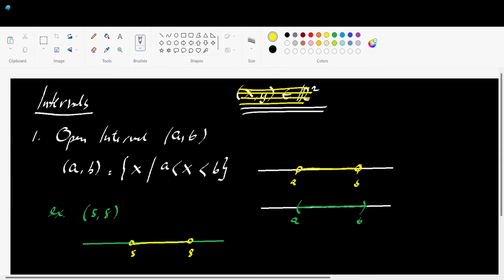Or you can use a pair of parentheses. And that is equivalent to the continued inequality x between 5 and 8. So this continued inequality, or this set, can be written in interval form using a pair of parentheses (5, 8). These two are identical. They both refer to the same set of numbers, numbers between 5 and 8 exclusive of the endpoints.